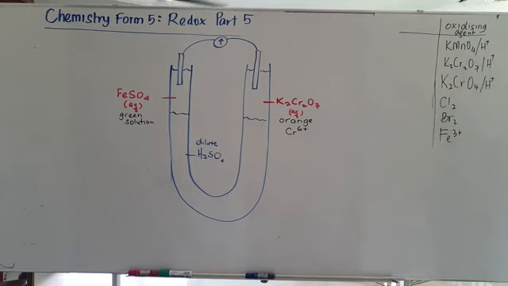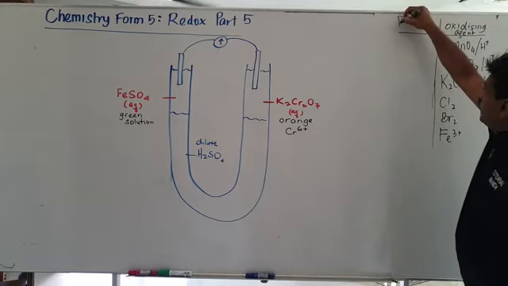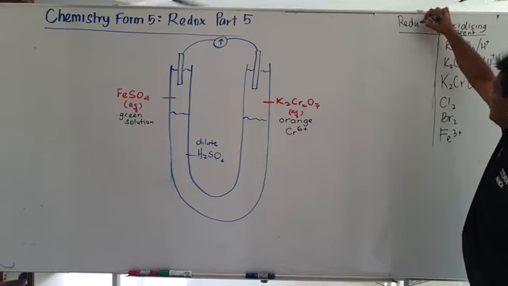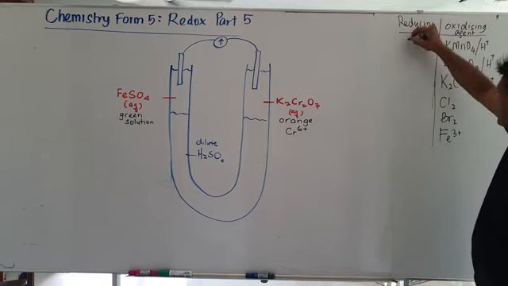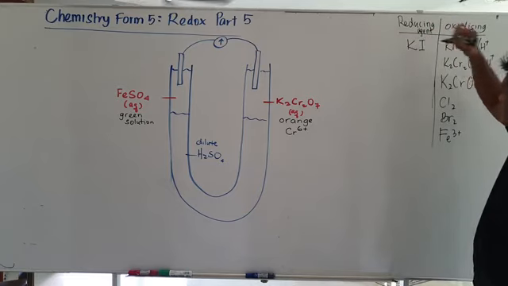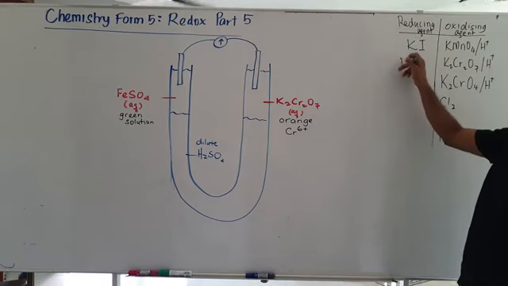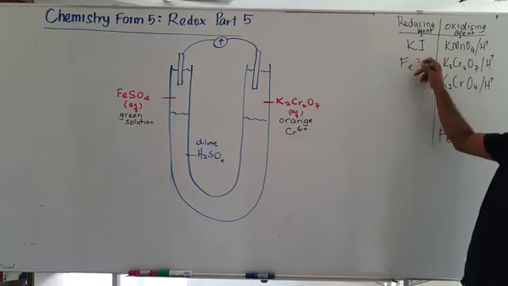These are the common ones in SPM. Under reducing agents, the most common are potassium iodide and iron 2 plus.